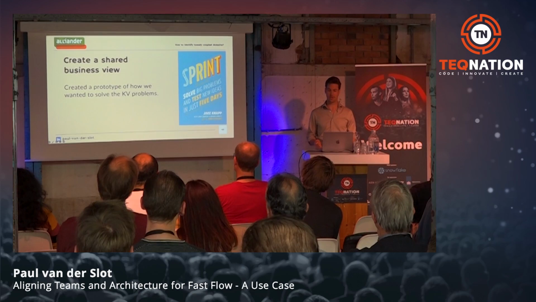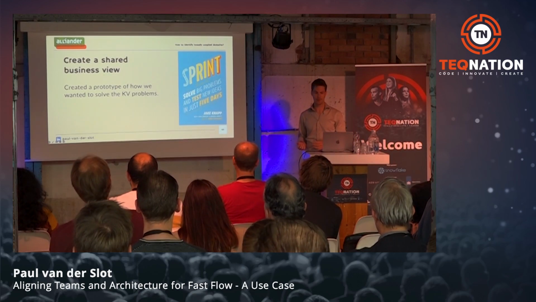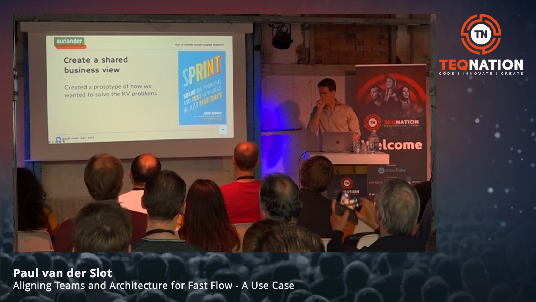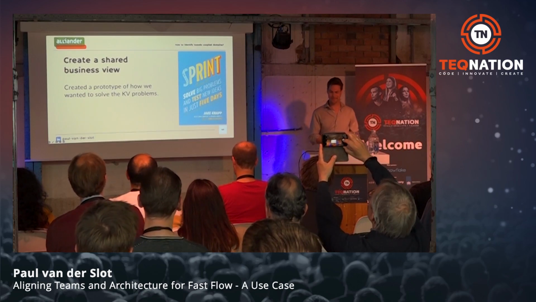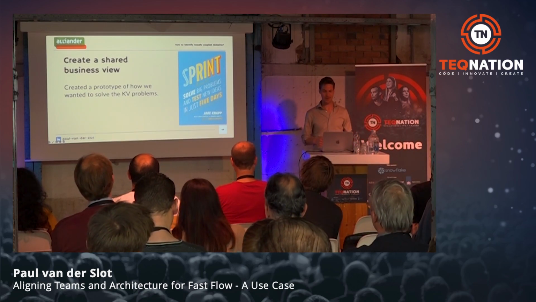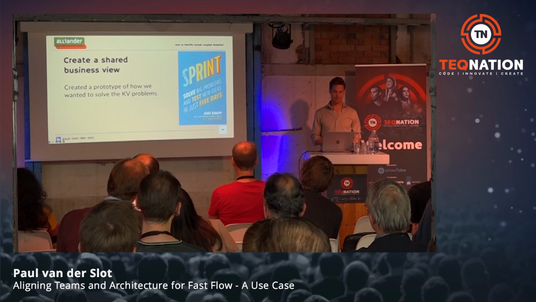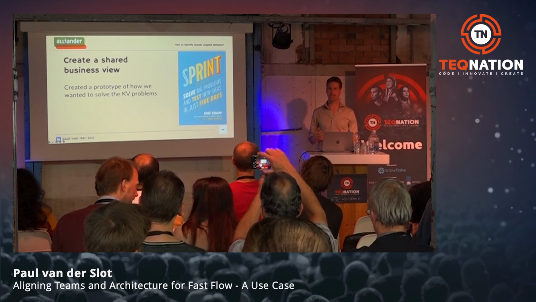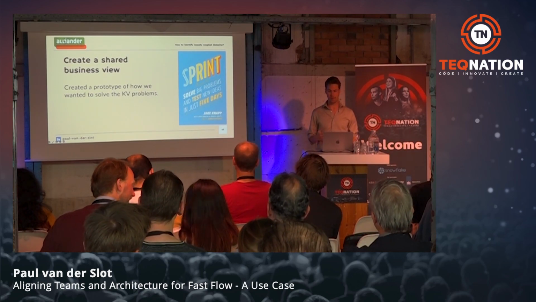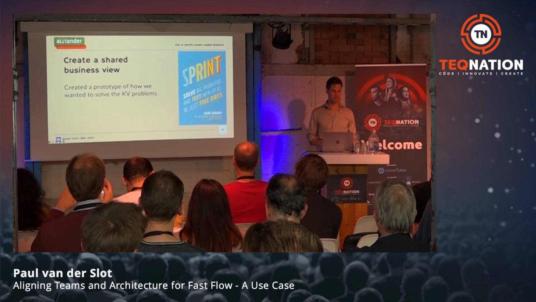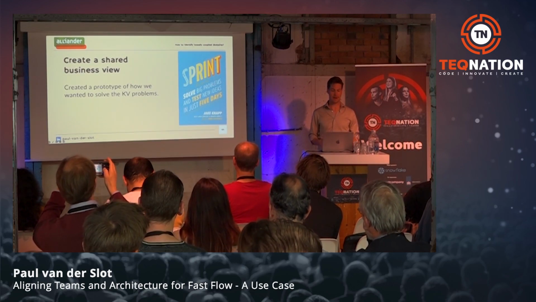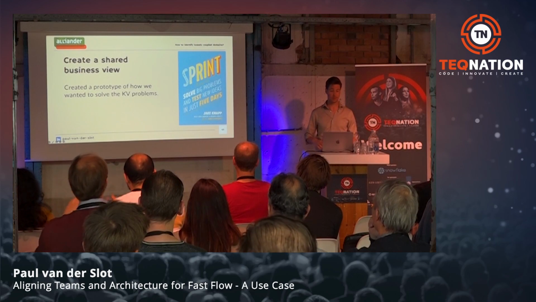What we did there one year ago is that a big group of both business and tech came together a whole week for a design sprint. And there they decided what is the direction that Kleinverbruik will go to in the future. And they created a prototype of how they wanted to solve those problems. So we had a business view.